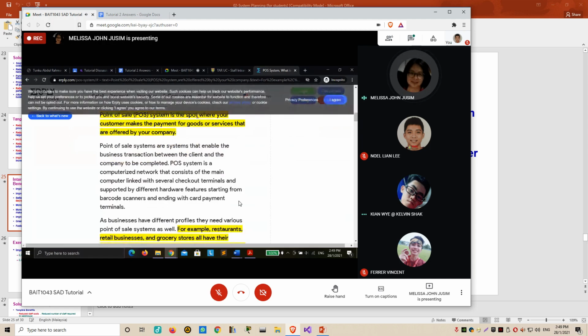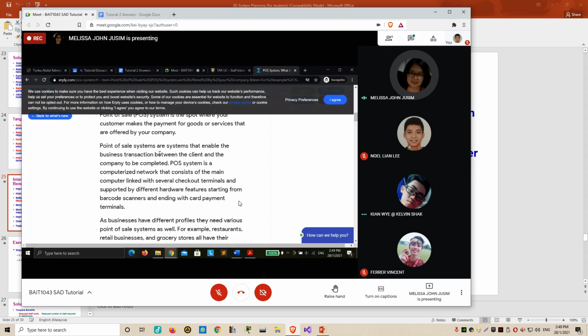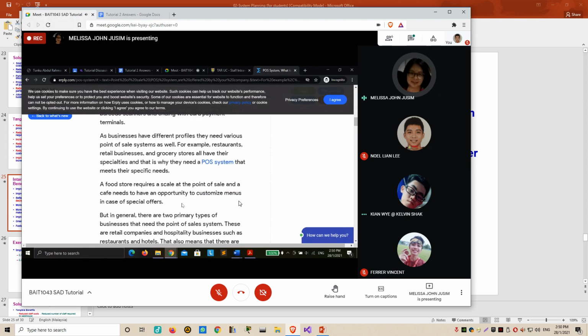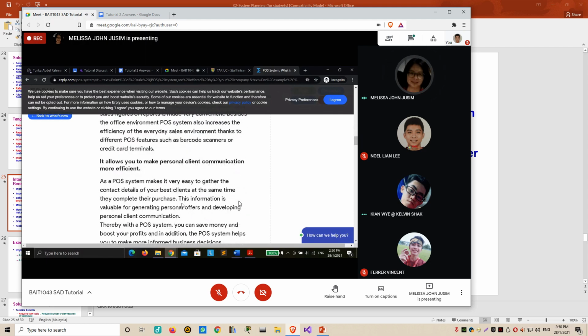Okay, it is the spot where the customer makes the payment for goods or services. Definitely not to get refund. It enables the transaction between the customer and the company. Okay, practical is in a few more minutes. Let me scroll down.